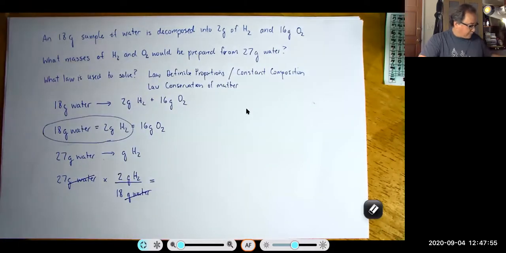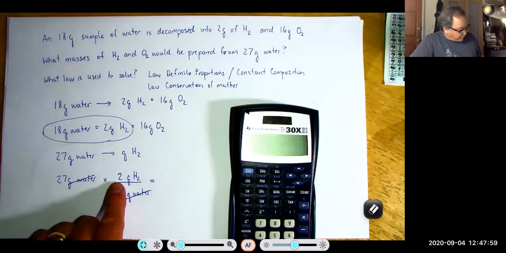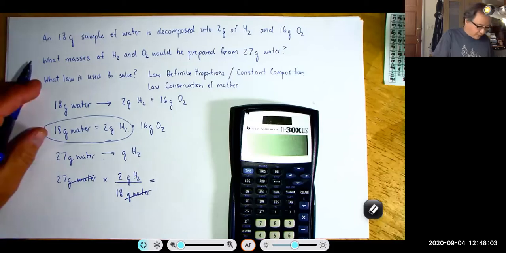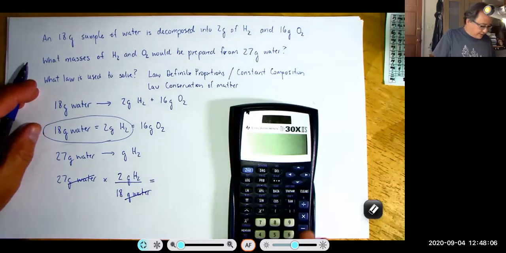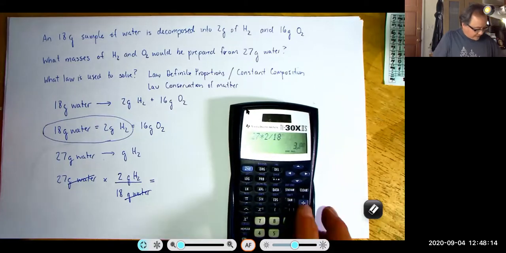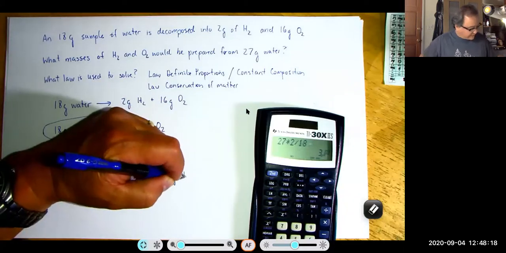Okay, so when we multiply this out, 27 times 2 is 54, and 54 divided by 18 should be roughly 3. So we should get roughly 3 grams of hydrogen. Let's turn this on and see what we get. And we do get 3 grams of H2.